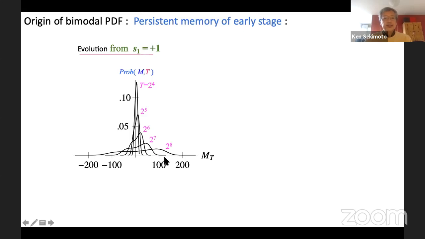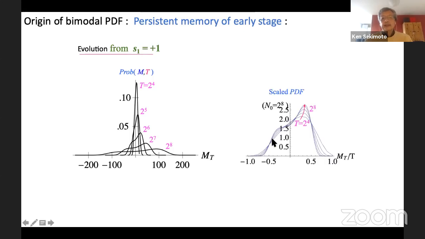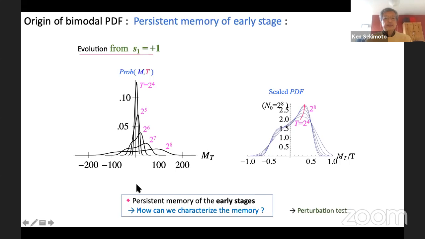If I rescale the horizontal axis by the number of spins fixed at that moment, we find that the distribution becomes sharper and sharper with asymmetry. So it means that the persistent memory of the early stages is the origin of the double, bimodal peak.